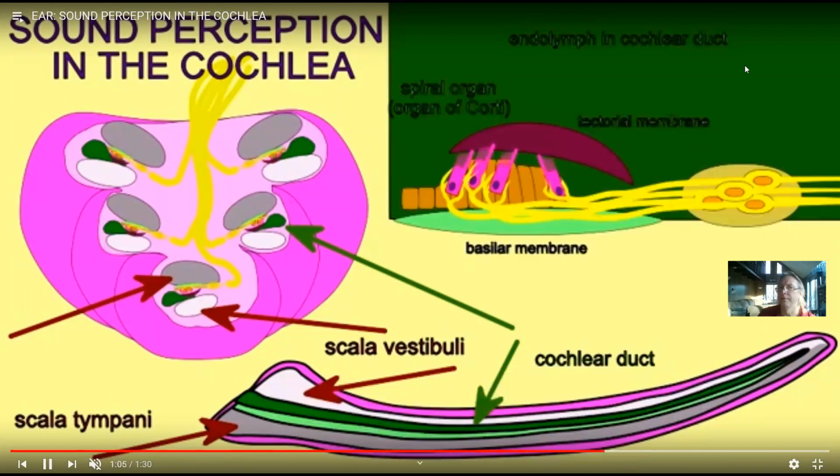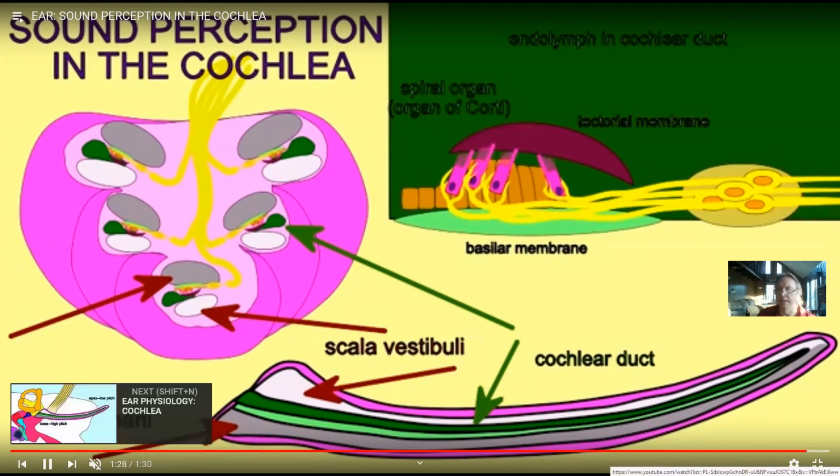And so when the endolymph in the cochlear duct moves, that will displace this, which can cause these to bend. That then changes the electric potential, which causes neurotransmitters to be released onto the neurons of the vestibulocochlear nerve, which then transmit the message towards the cerebrum.